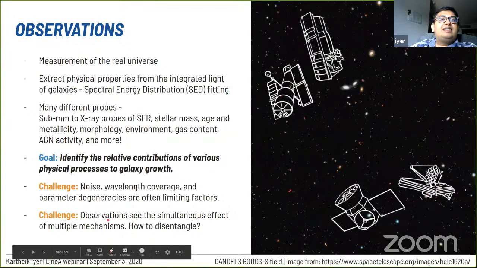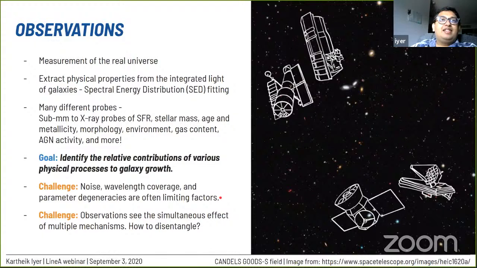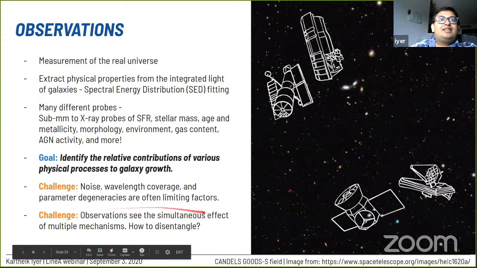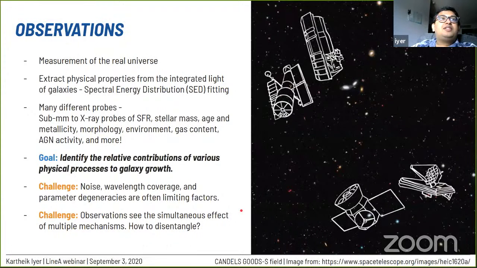The second challenge is similar to our challenge for simulations, in the sense that when we have observations, we are seeing the simultaneous or the integrated effects of multiple mechanisms acting over multiple timescales. So how do we disentangle this? I'll be talking about the first challenge in terms of the SED fitting method. And I'll be talking about the second challenge in terms of what observable we try to estimate from the SED.